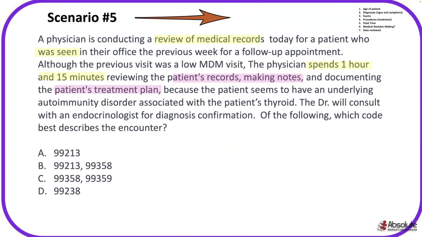So this is what the doctor's doing: making notes, documenting the patient's treatment plan, because that doctor felt something was wrong. So he went in on a different date and did some work. All right, so the doctor feels that this patient may have an autoimmunity disorder involving the thyroid. So this doctor spent an hour and 15 minutes.